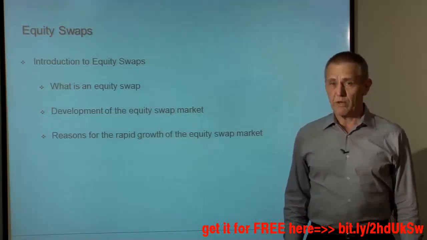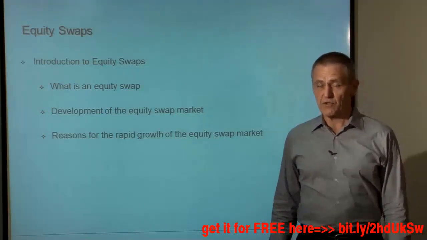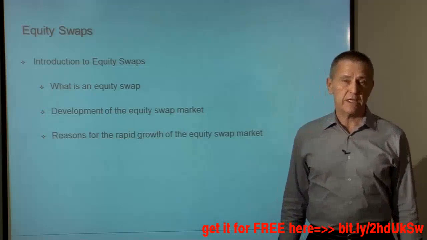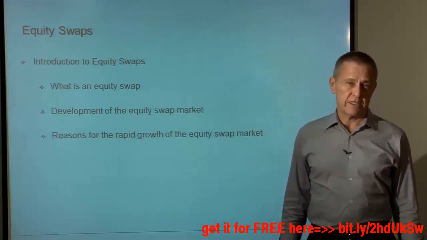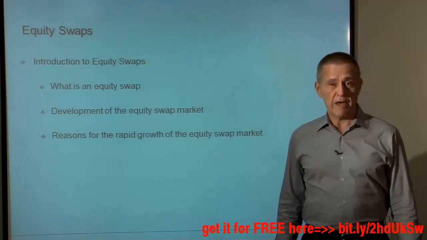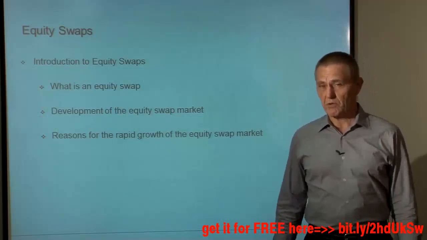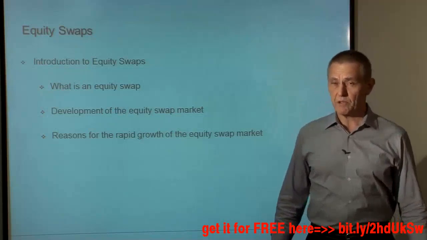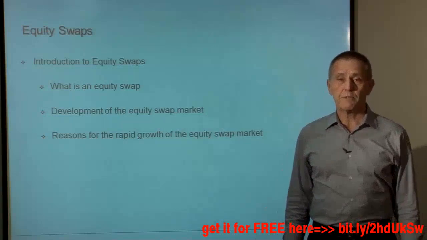Equity swaps were one of the last of the swaps developed. In fact, while the first swap occurred in 1982, the first equity swap didn't occur until the late 1980s, sometime after the development of all of the other forward commitment swaps: currency swaps, interest rate swaps, commodity swaps. The last of the group to come along was equity swaps.